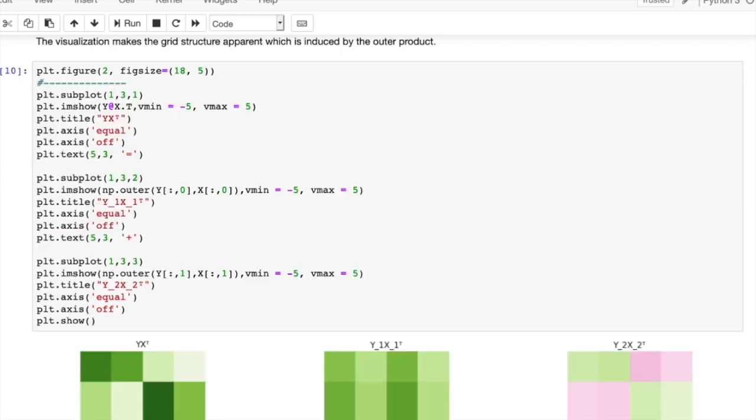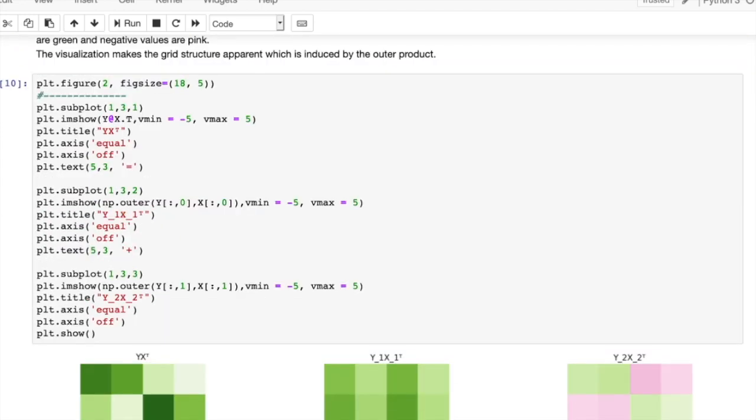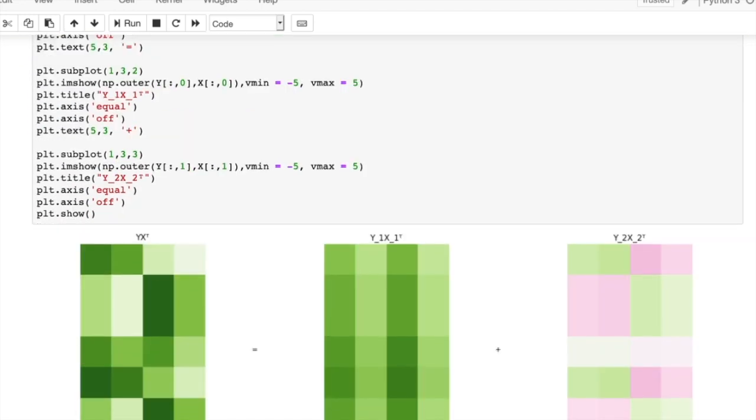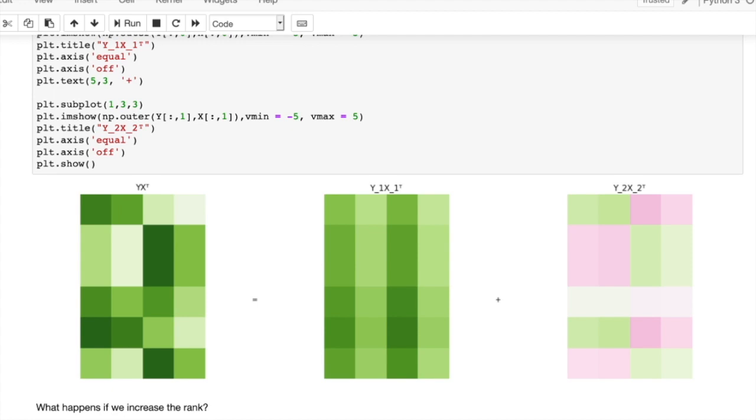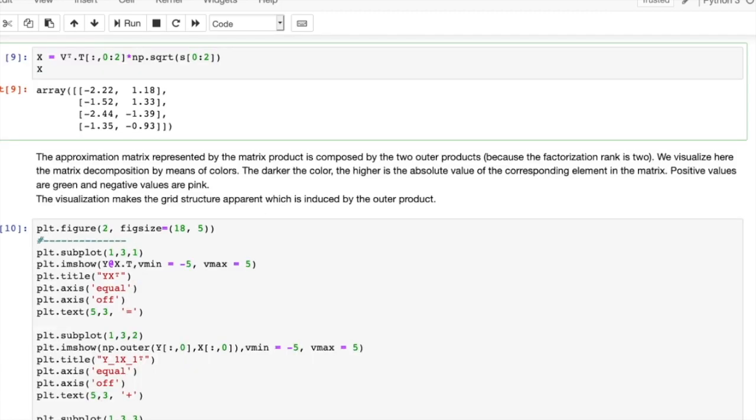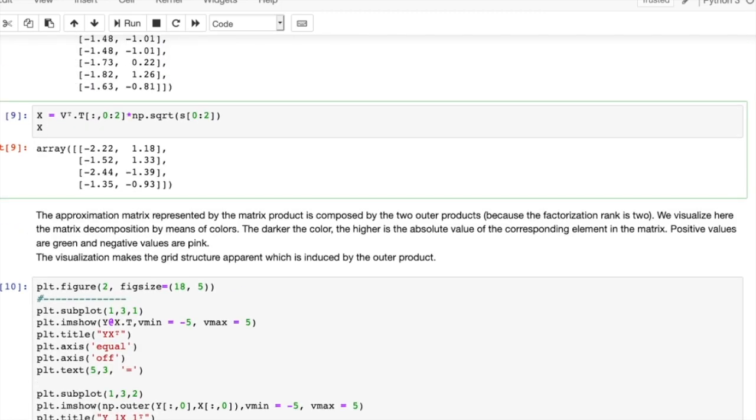Now we can plot this by means of their interpretation of this matrix product as a sum of outer products. So here you see the first outer product, and you see also this grid-like structure which occurs in outer products. So for example, if you look here at the first column of X, then this is all negative, and then here we have 2.2, the second one is a bit lower, the third one is again higher, and the fourth one is again lower.